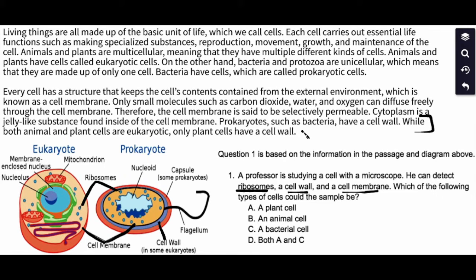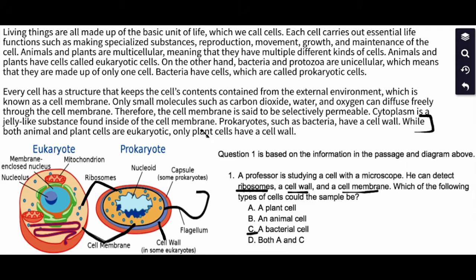Now, let's look at the last two sentences here because these are really important. It tells us prokaryotes such as bacteria have a cell wall. So, could the cell sample that the professor sees be a bacterial cell? Well, why not? Because we know that bacterial cells are going to have ribosomes, a cell wall, and a cell membrane. And the sample that he sees has a cell wall, so it very well could be bacterial. Now, the last sentence tells us that when we look at both animal and plant cells, only plant cells will have the cell wall.